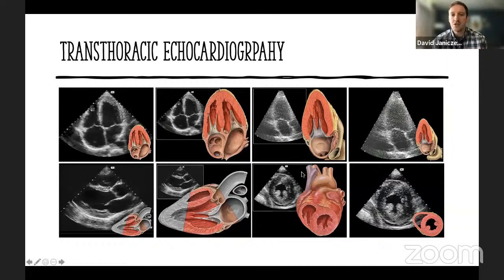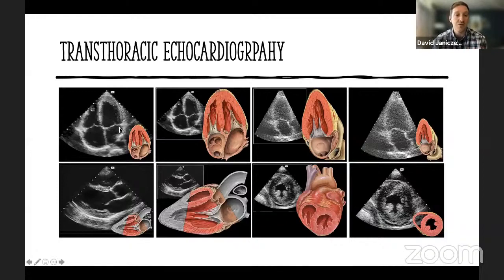So these are some of the images that we would get with a transthoracic echocardiogram. You can see this is the image that we would get on the screen, and a little diagram showing you which chambers and everything that you're looking at. So you can see the LV here with the thick wall. This is the left atrium, right atrium, right ventricle. You can see the wall is much thinner in the right ventricle than it is in the left ventricle.